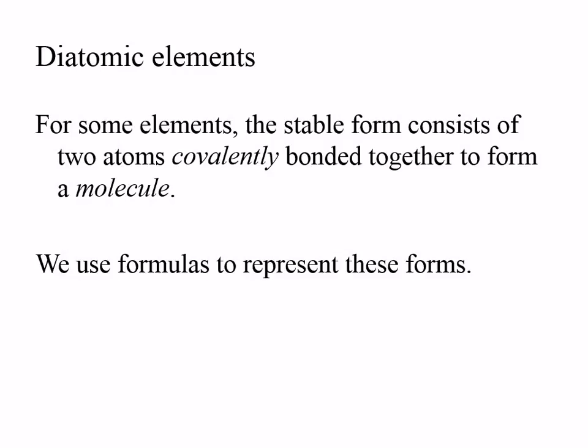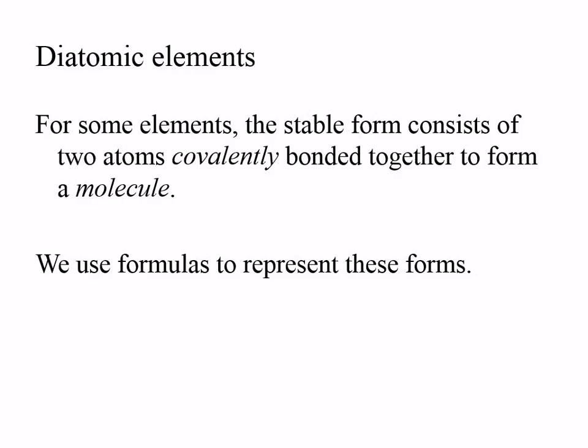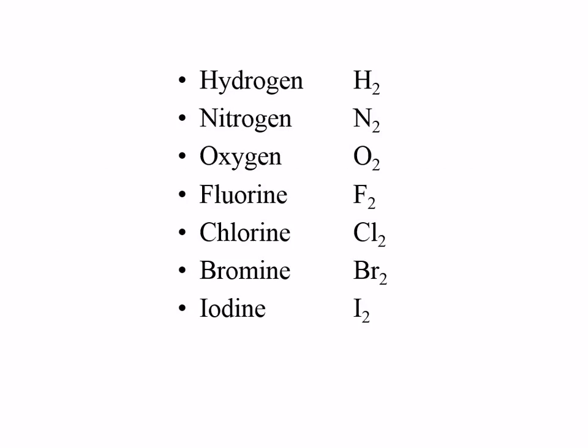Oh yeah, so we already talked about this a little bit. There are 7 diatomic elements. Many of them are gases. One is a liquid. So this was the Hoffer-nickel thing I talked about before.